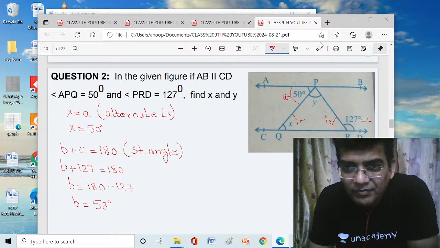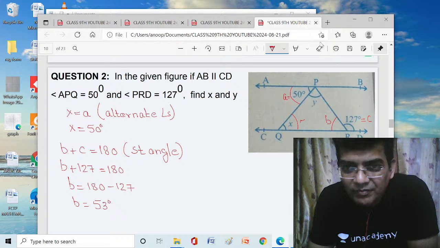So y we have to calculate. What about the x? X is 50. What about b? B is 53. That is equal to 180. So y plus 103 is equal to 180.